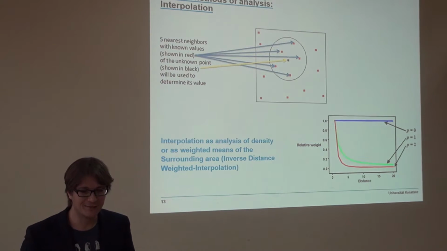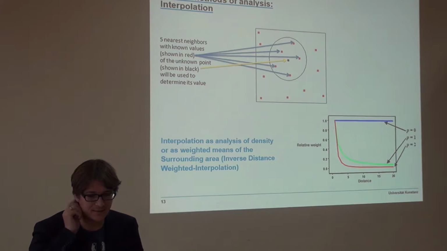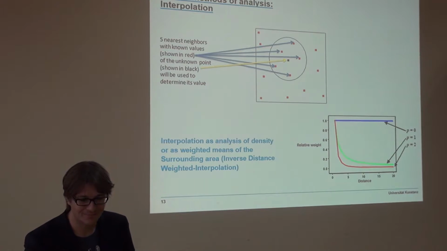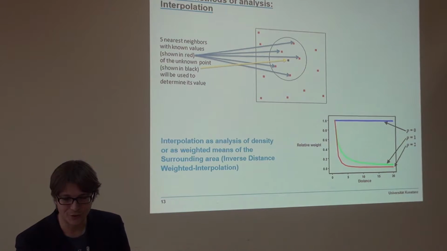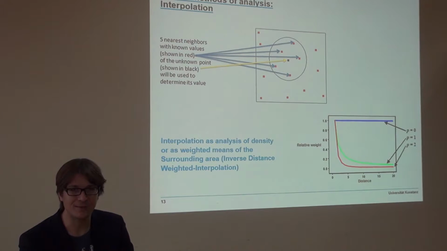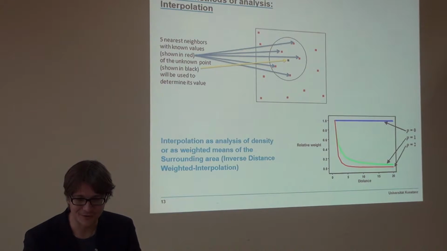So this is kind of an analysis of density, or you could say weighted means of the surrounding areas. This is very abstract now, but I will show you in the next pictures, and you will get the advantages of this method immediately.